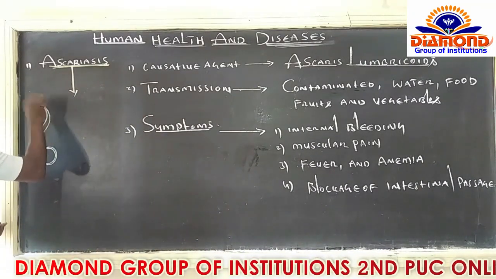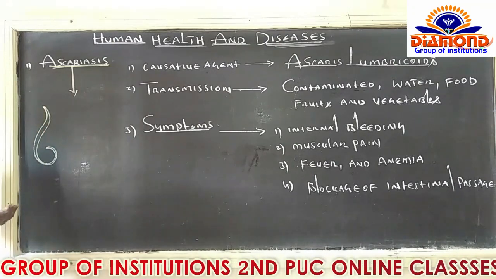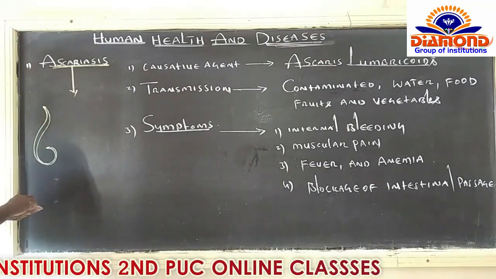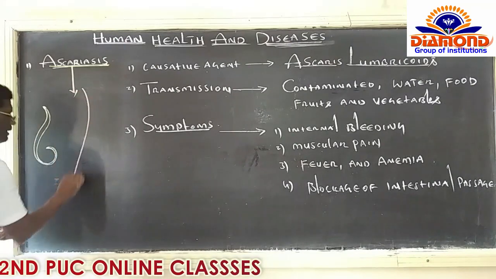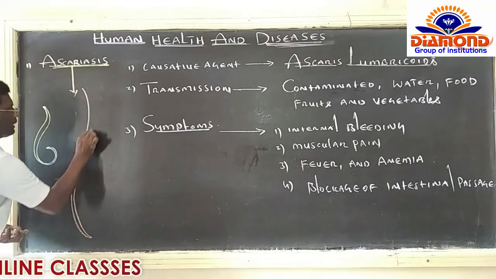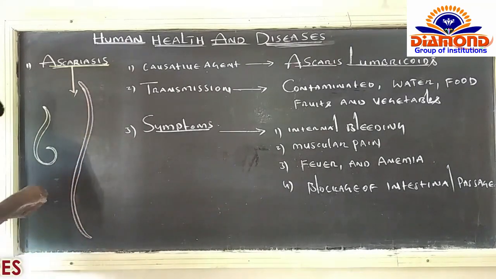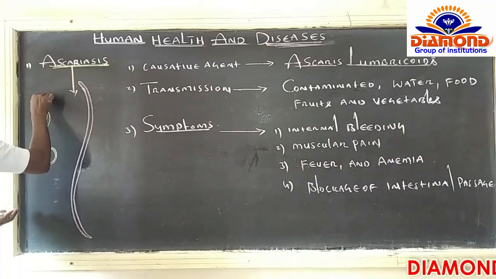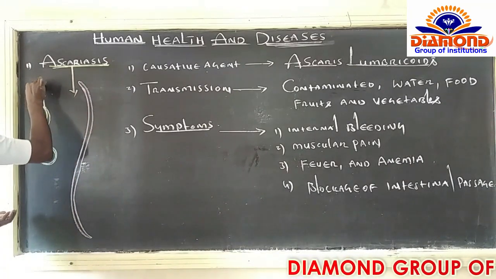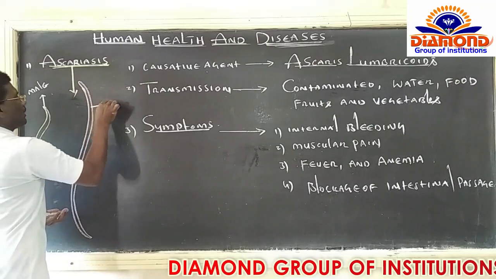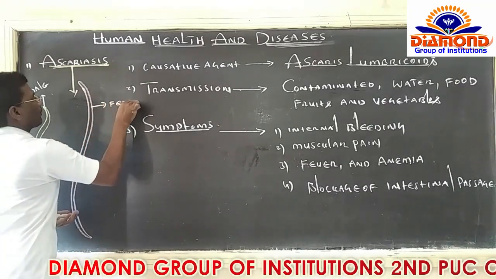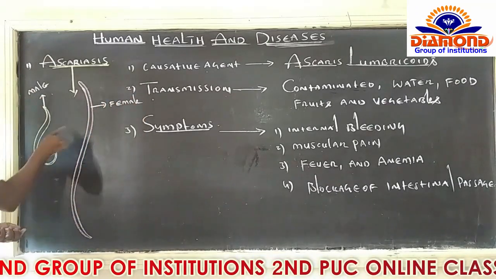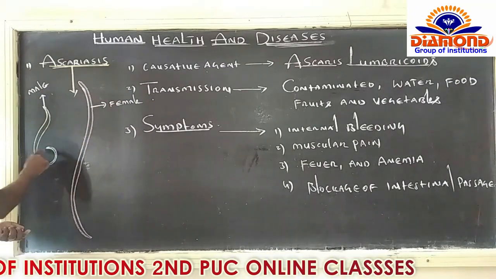This is one Nematohelminthes worm, the Ascaris male, and the second one is the Ascaris female. This organism is Ascaris lumbricoides male and this one is Ascaris lumbricoides female. Now you can easily identify the morphological difference.